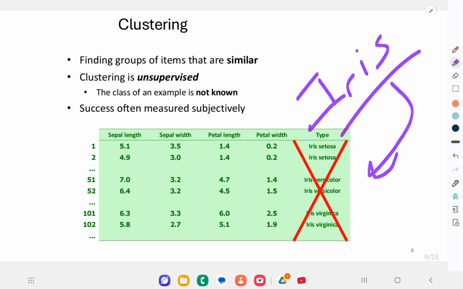Normally in supervised learning, each row has a corresponding species type, like Iris setosa or Iris versicolor and so on. But now imagine we do not have that. We don't have the species of the flower. So we still have all the features. So we do have unlabeled data, but we no longer know which flower belongs to which species. So in this situation, we can't train the model to predict a label because we don't have it, right? What we can do instead is ask the model to find structure in the data.